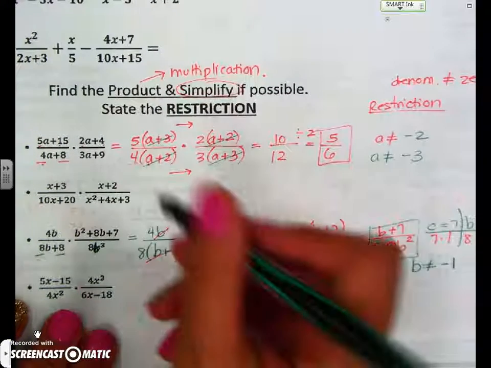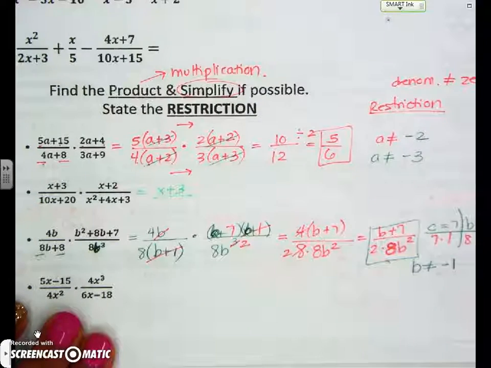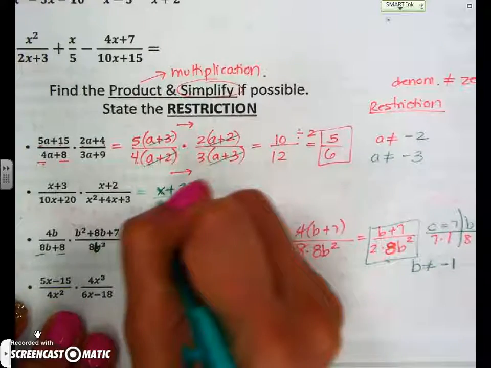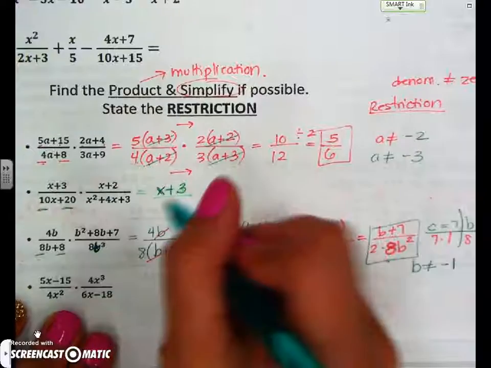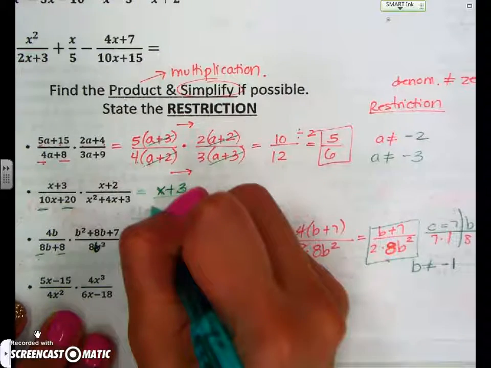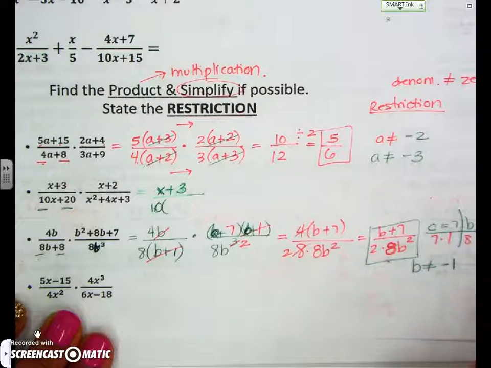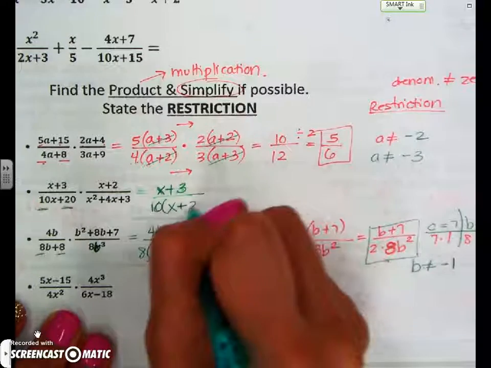All right, so if we look at this next one, we have x plus 3. It's very light, so let me darken it. X plus 3 over, what do we have in common between the 10 and the 20? 10, yeah, very good. So if you factor out a 10, what are you left with? 1x, good, plus 2, very good.